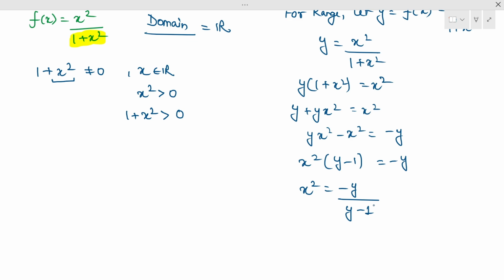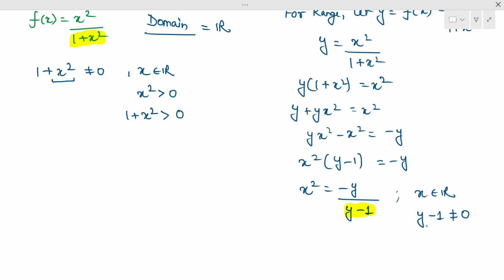Now what will be x? One more thing here is that x is in R, right? But for this function, y minus 1 should not be 0, right?